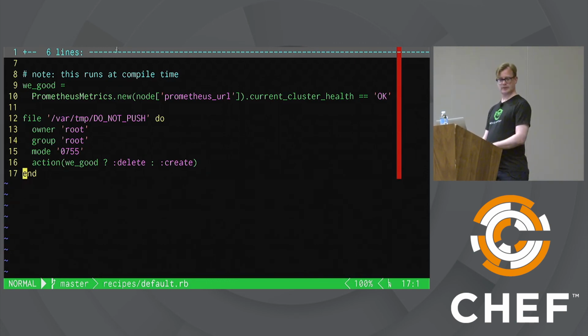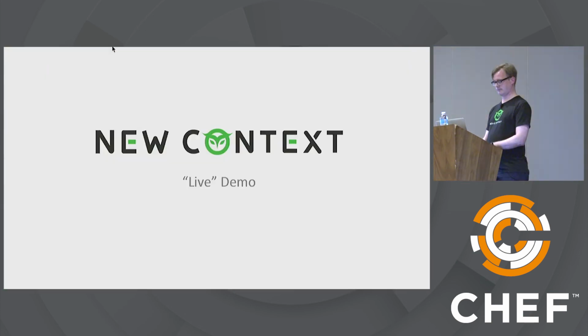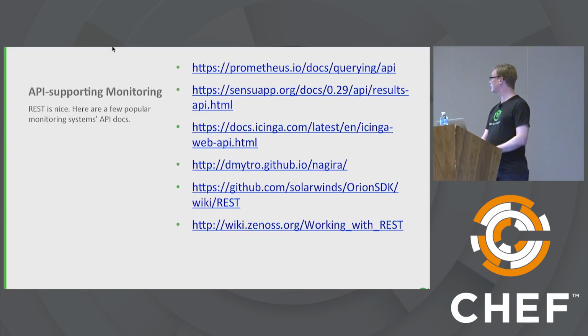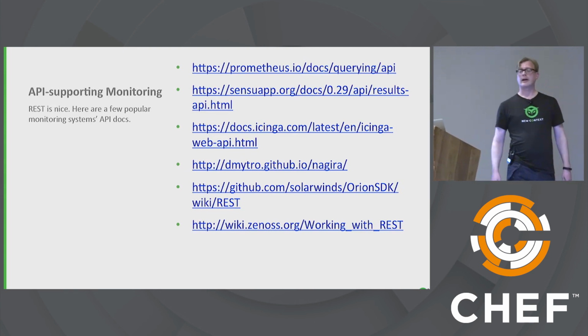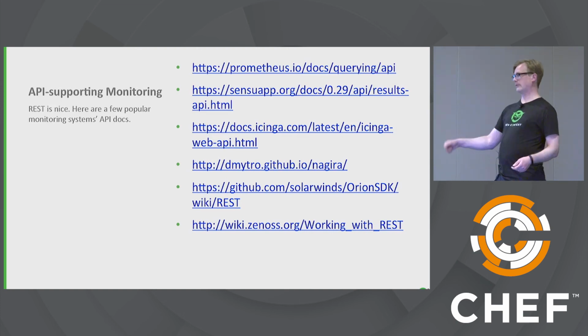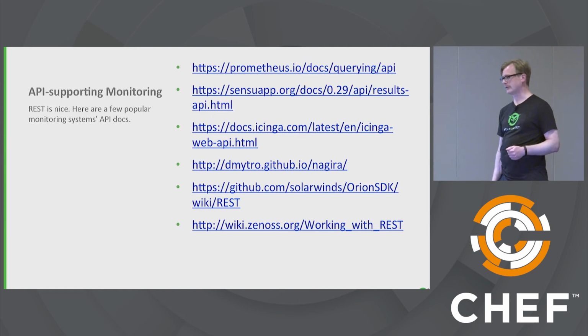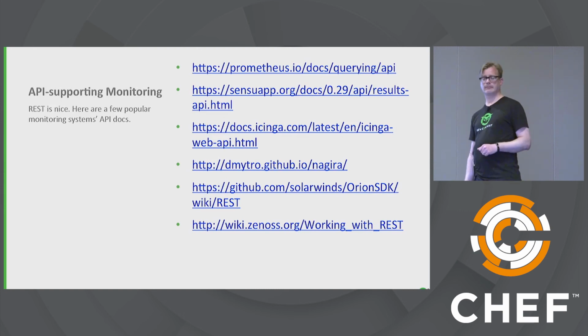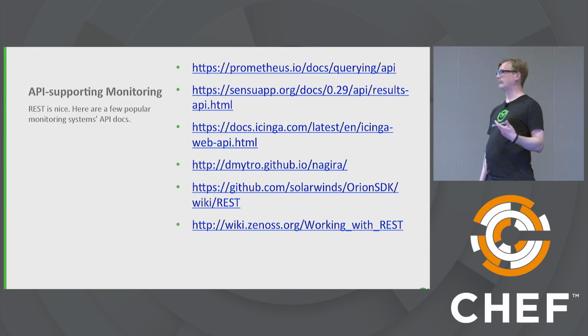All right, moving along. Many monitoring servers have APIs. I picked a few off the top of my head: Prometheus, Sensu, Icinga, who is downstairs, in case you haven't chatted with them. They have a pretty awesome API. That's read-write, in fact, so you can change metric stuff using that API.